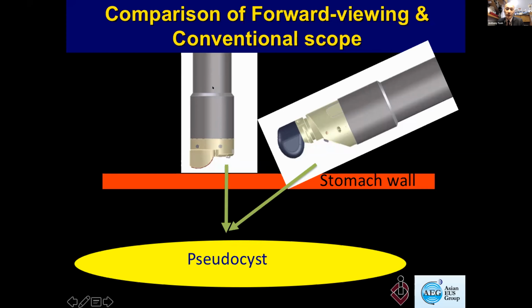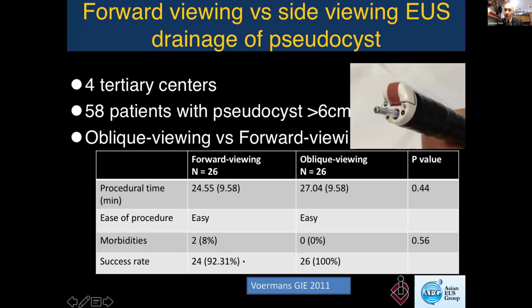The postulated benefit of a forward viewing scope is that the needle is going perpendicular to the collection, so perhaps the force of transmission is more direct. But I think studies have shown that both are equally effective, and it really depends on your endoscopist preference. But I think most endoscopists would be accustomed to performing a linear echoendoscope drainage.